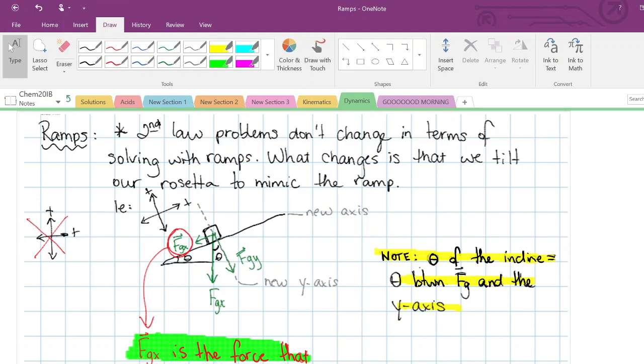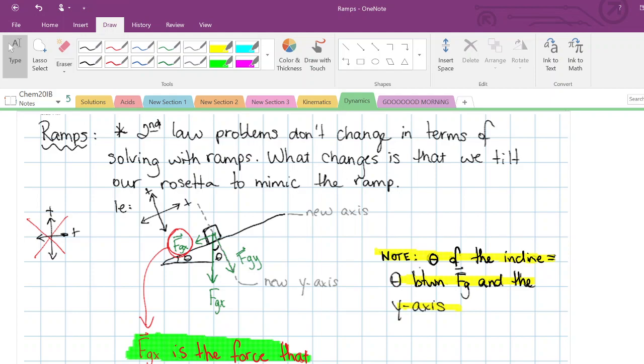So we've always placed our rosetta in a two-dimensional problem, much like a normal X and Y axis would be, right? But in terms of a ramp, since a ramp is angled a certain amount to that horizontal, in order to simplify our lives for problem solving, we rotate the rosetta. And we rotate it so that the quote unquote X axis, or the parallel axis, is in line with the surface of the ramp, right?